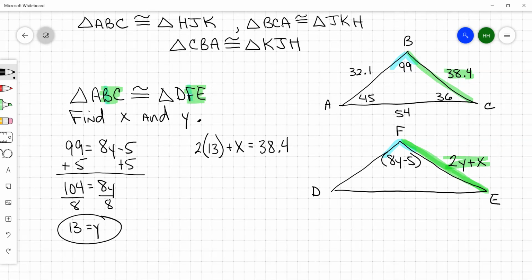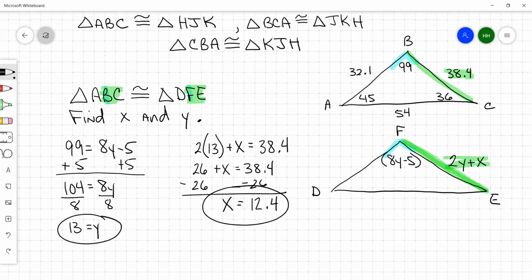These two sides are congruent to each other. So 26 plus x equals 38.4. We can subtract 26 from each side, and x is going to equal 12.4. All right, so there's your x. There's your y.